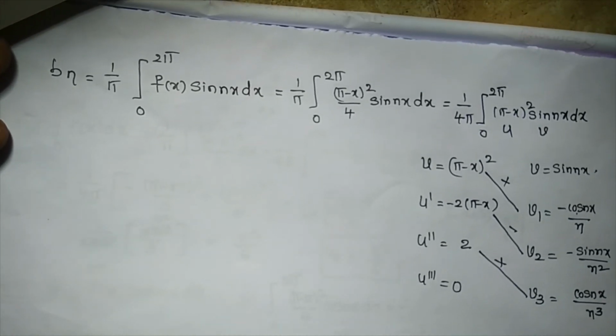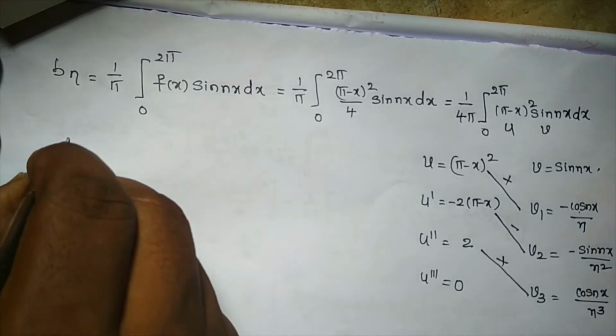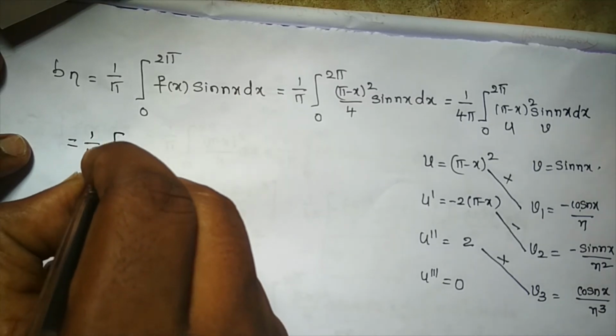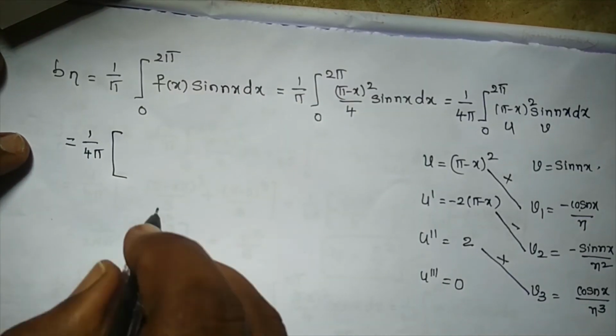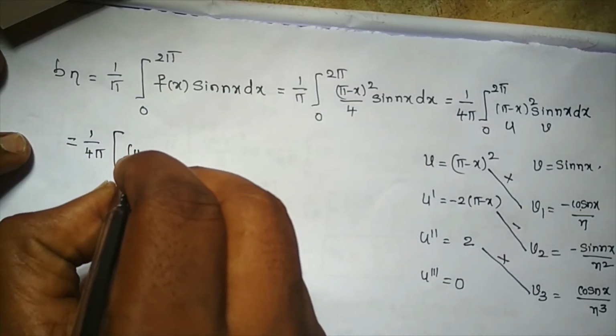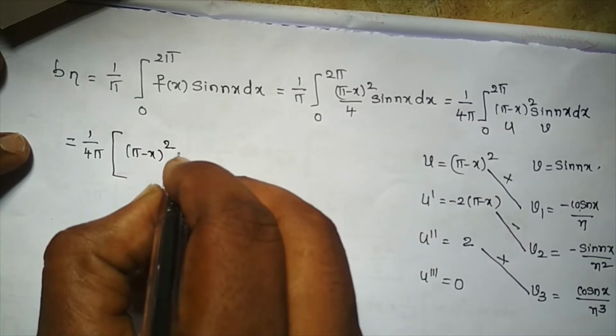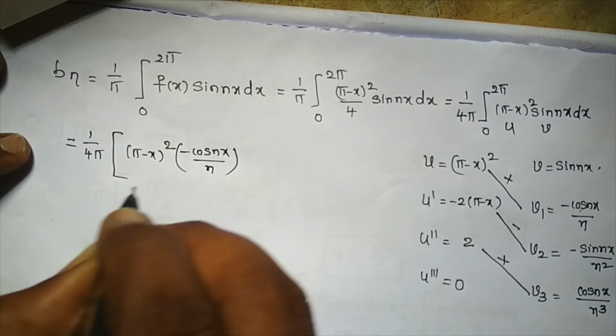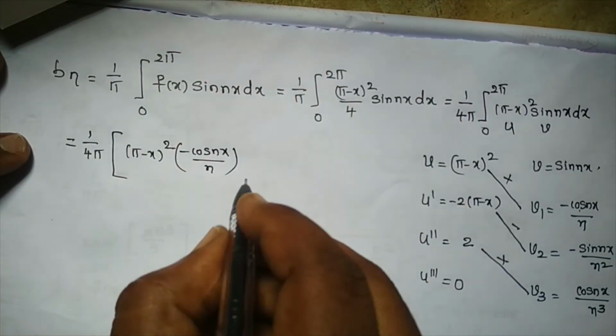Then according to this, I can multiply by 1 by 4 pi. 1 by 4 pi, pi minus x whole square into minus cos nx by n, this is the first term.